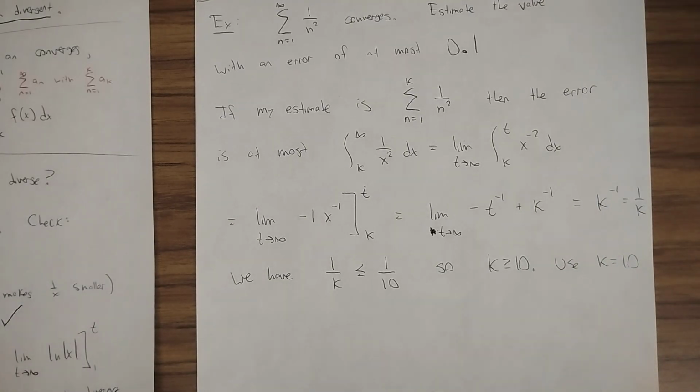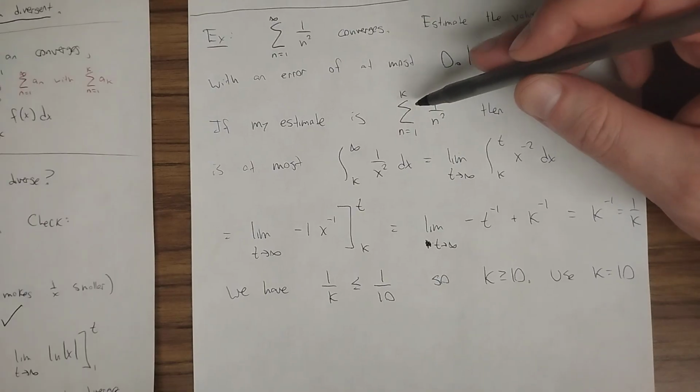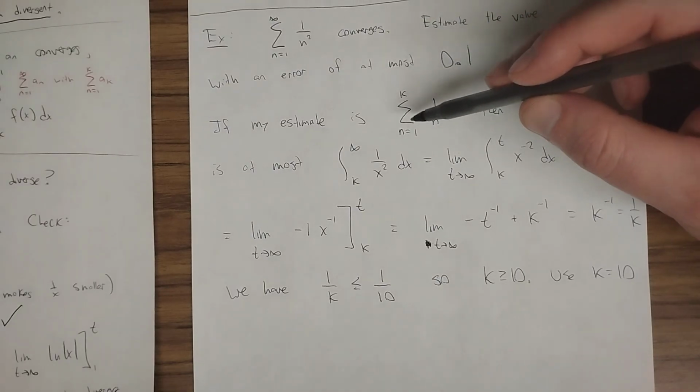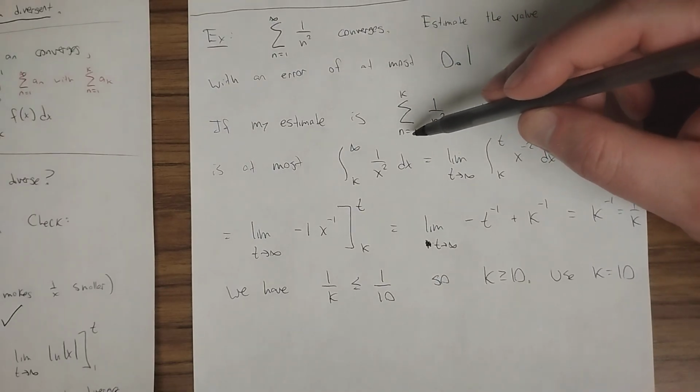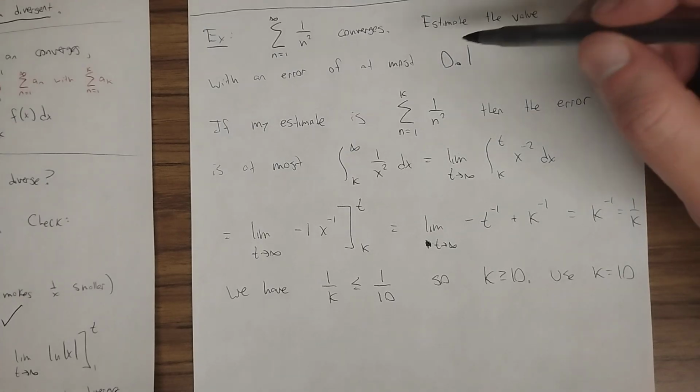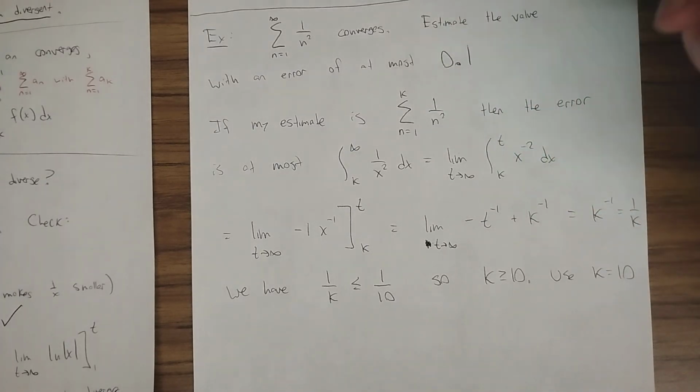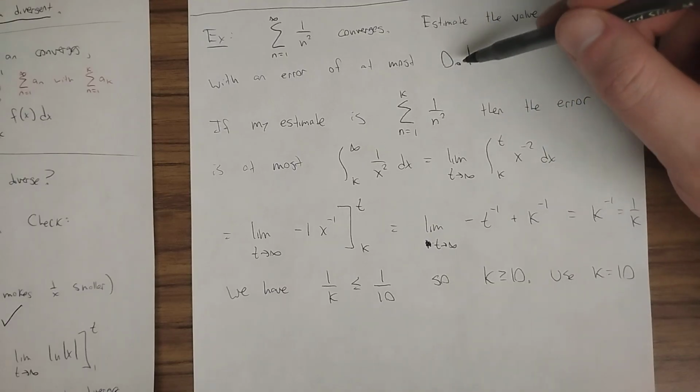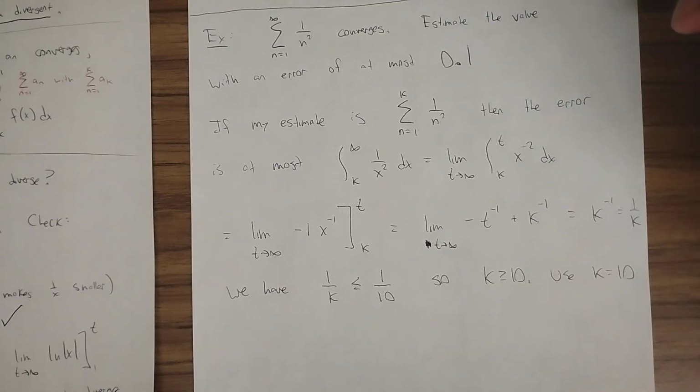I could pick anything at least 10, but that just means that I would have to add up more terms, because remember, I'm going to sum this from n equals 1 to k, so if I choose a large value of k, that's just more work for me. You get a more accurate sum, but I just want my error to be at most this. So as long as my error is at most this, then I'm happy.